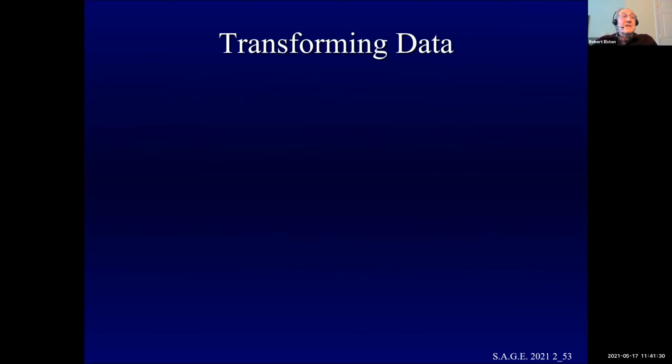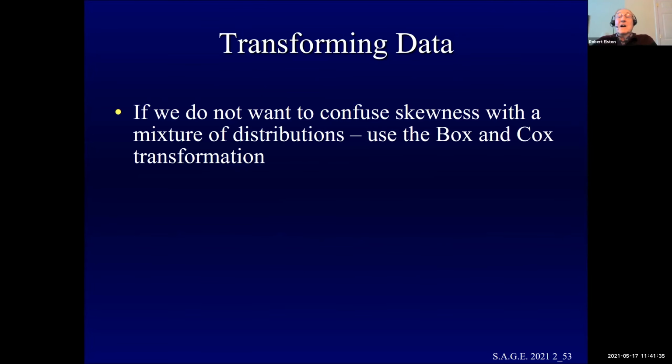All right. I want to talk a little bit about transforming the data. There are reasons for transforming the data. And according to what your reason is, should determine the transformation. If you do not want to confuse skewness with a mixture of distributions, use the Box and Cox transformation.